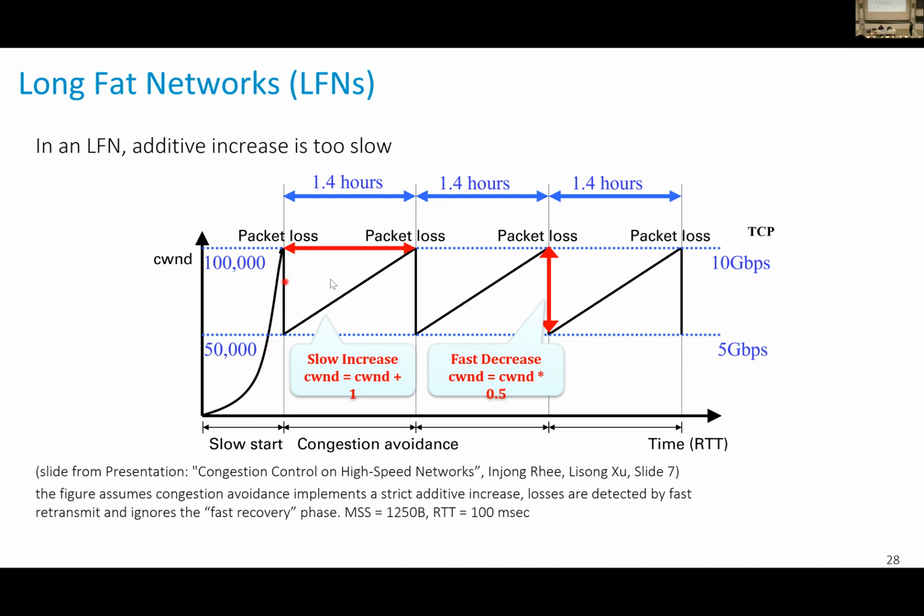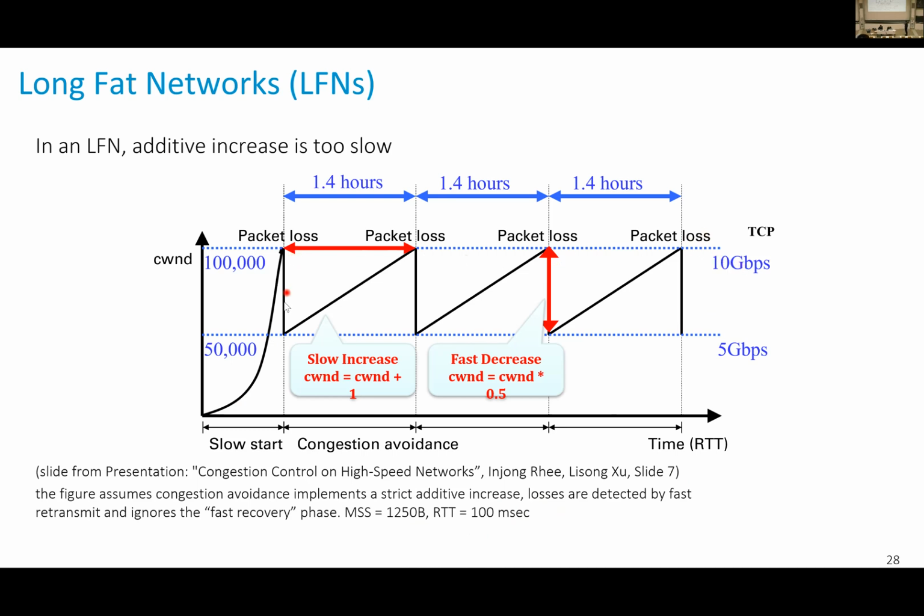This is what happens if we use TCP. This is a figure assuming the MSS is this value here, the RTT is 100 milliseconds, and you have links of gigabits per second. So a single TCP connection is able to get gigabits per second with an RTT of 100 milliseconds. Those are the numbers at which this phenomenon will occur. Then you see we start with slow start until we hit the capacity of the link.